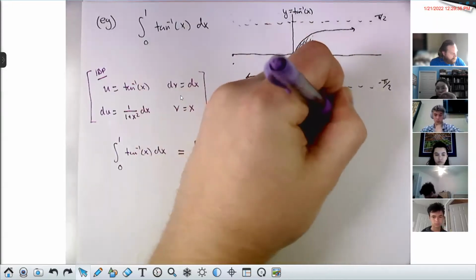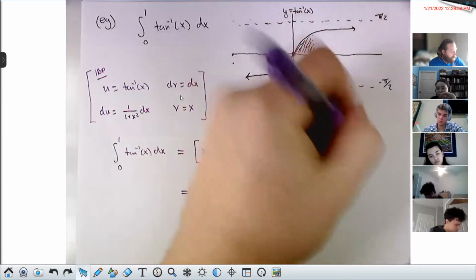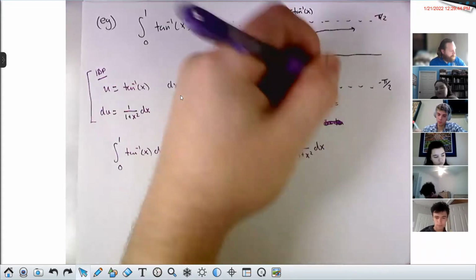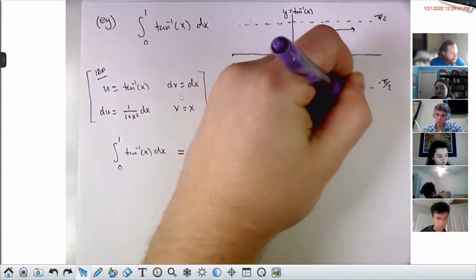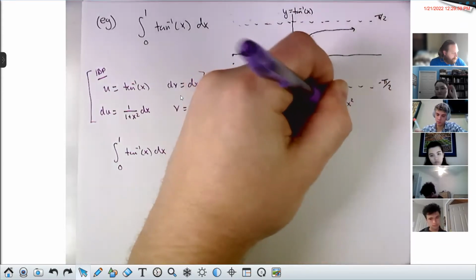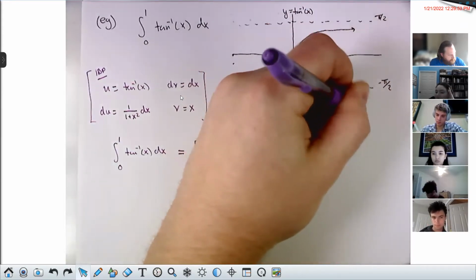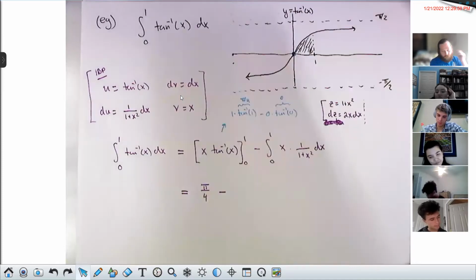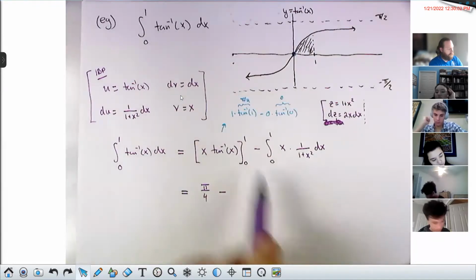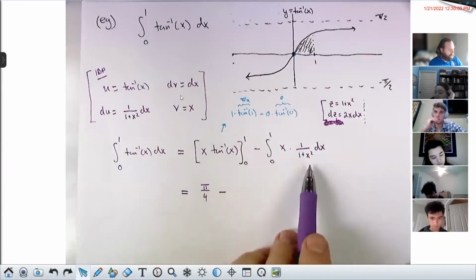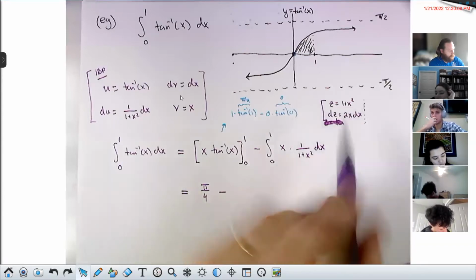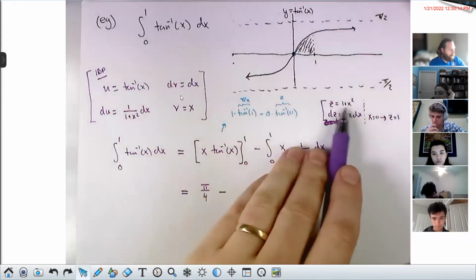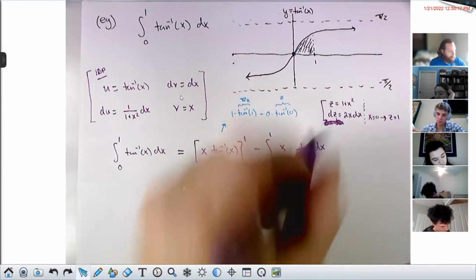The substitution we're going to make here is z equals the bottom, 1 plus x squared. dz then is 2x dx. The other thing we need to do is change our bounds, because I'm making a substitution in a definite integral. So when x is equal to 0, z is equal to 1. And when x is equal to 1, z is equal to 2.